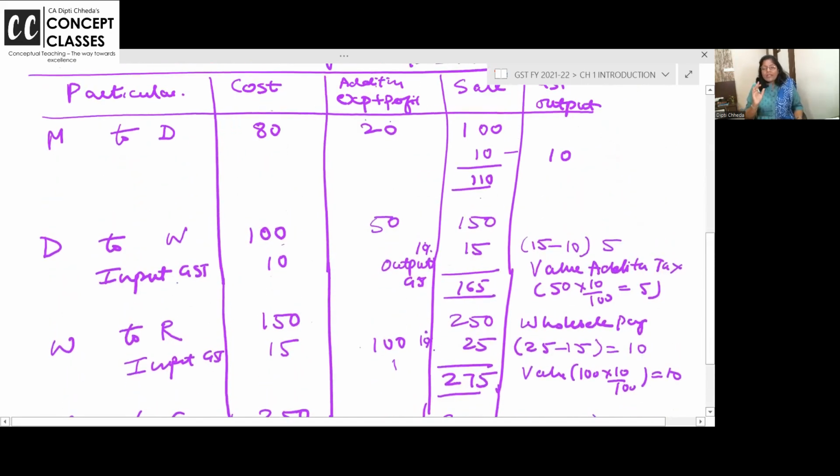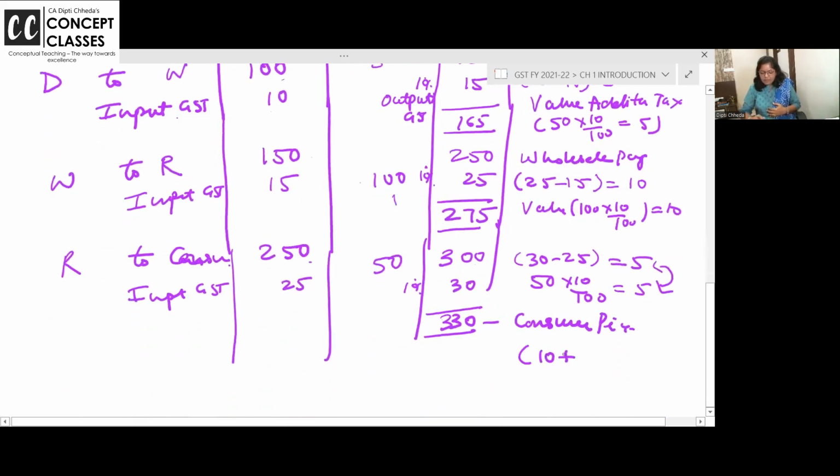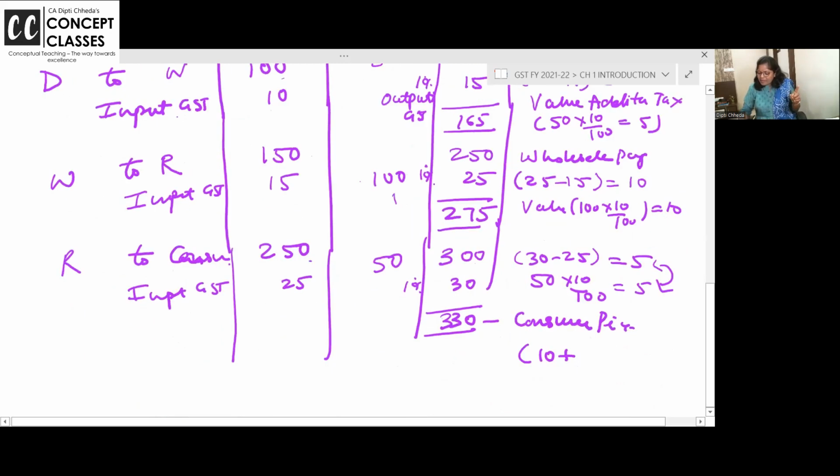Now, one thing did you observe? GST is charged in stages. Manufacturer is paying 10 rupees tax to government. Distributor is paying 5 rupees. Wholesaler is paying 25 minus 15, so out of his pocket, value addition 10.